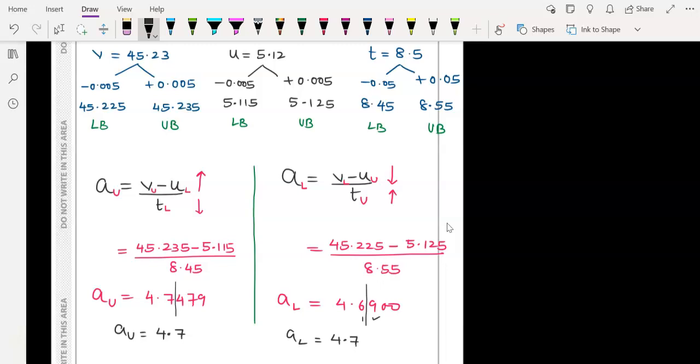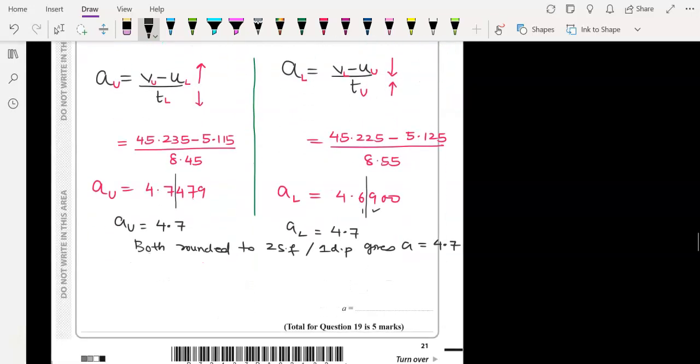That's why we'll round both to one decimal place, that is two significant figures. So write both rounded to 2 SF, or rounded to one decimal place, gives 4.7. So we'll take the value of A as 4.7. So we can write the final answer, value of A is 4.7.